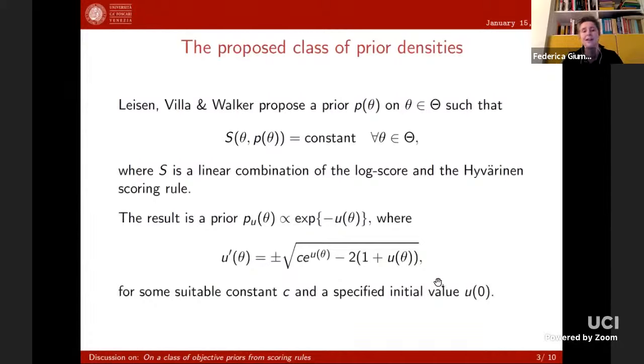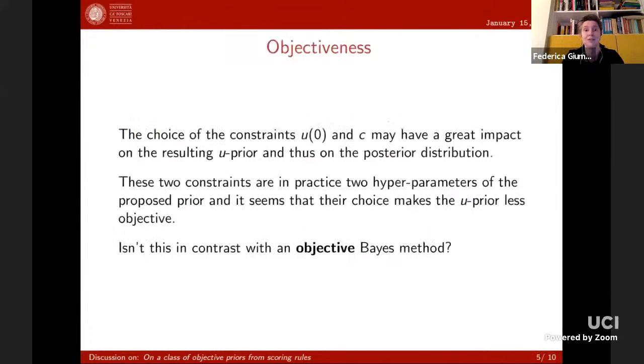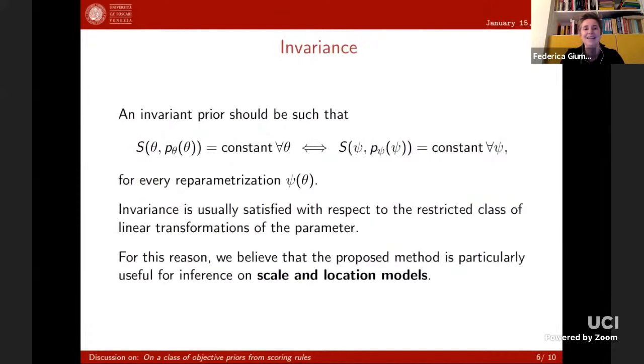So this is, I think, an important point that deserves further study, actually. I was wondering if this is in contrast with an objective-based method, because again, the starting point is very nice, but the result then could be very subjective, actually.